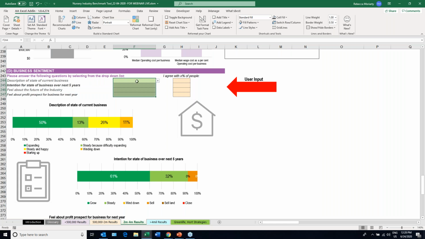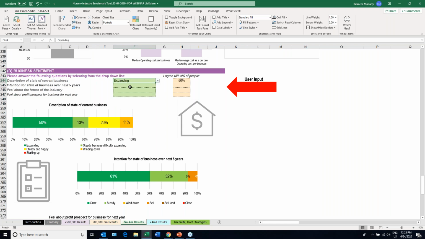In these green cells, we'll be putting down what we think. And then the orange cells next to it will have the calculation of "I agree with X% of people." This X% is dependent on what you enter in the green boxes. For the first one, description of the current business, I want to expand.